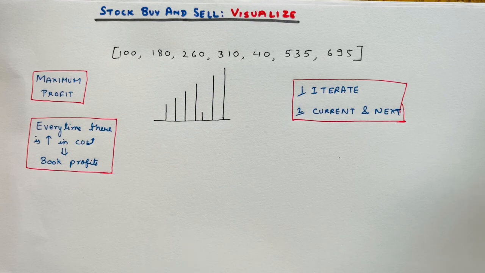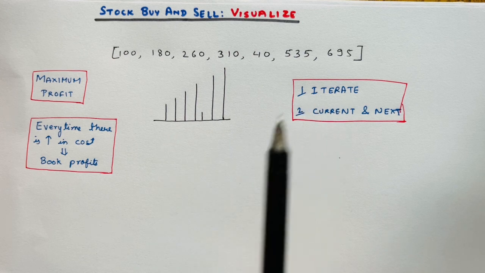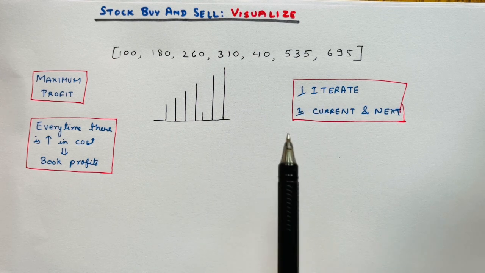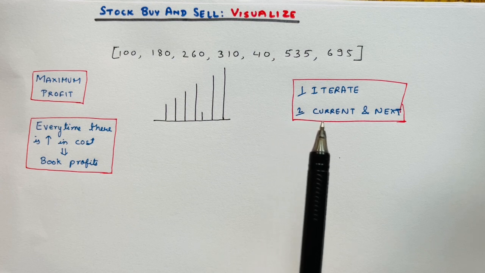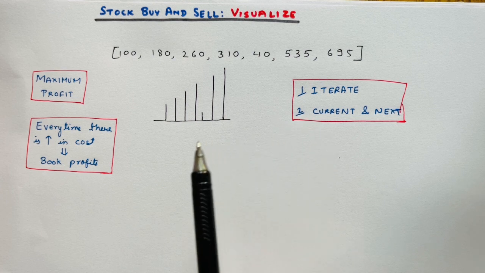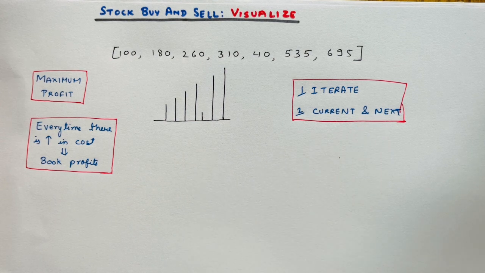So what are the observations that we can make about approaching this problem? We can see that we are definitely going to iterate over this array. And second thing that we can note is that in every iteration, we will be dealing with two things. What is the current stock price and what is the next day's stock price? So let's see how will the algorithm look like.